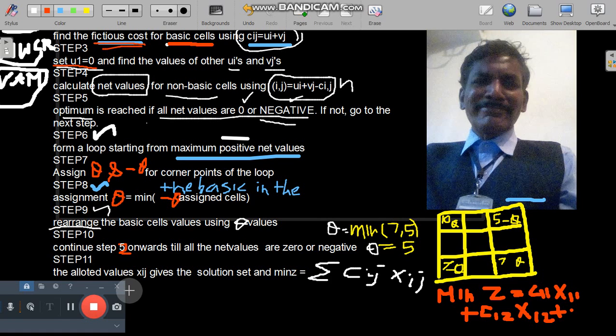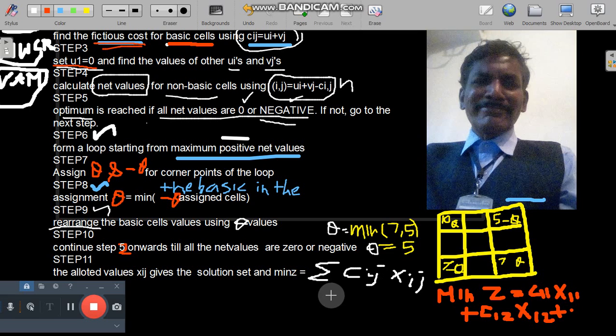Okay, and then the optimal value can be obtained by multiplying the corresponding transportation cost per item by the basic values, then adding all of them.